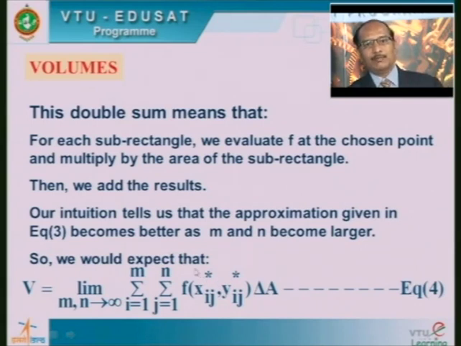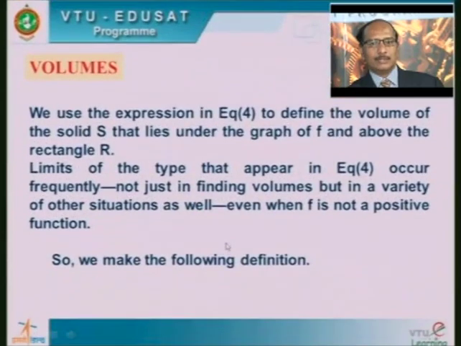If you add them, that is not the exact volume. If you consider both as positive, that gives the entire volume of the surface above and below the xy plane. So we need f to be positive, then only it is volume. If f is not positive, it is just a value. It is the difference between the volume above the xy plane and the volume below the xy plane.